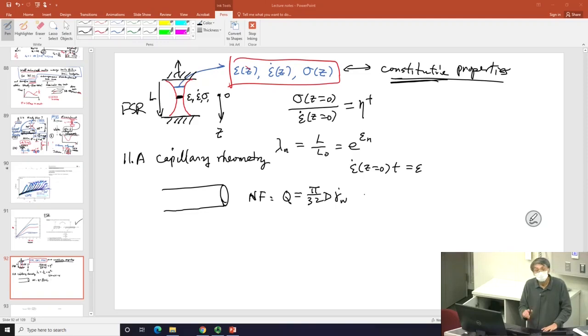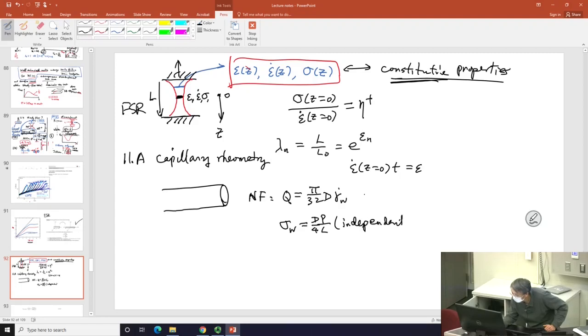Okay? However, as you know, the wall stress is always related to the pressure, like so, independent of the constitutive properties. It's always true.